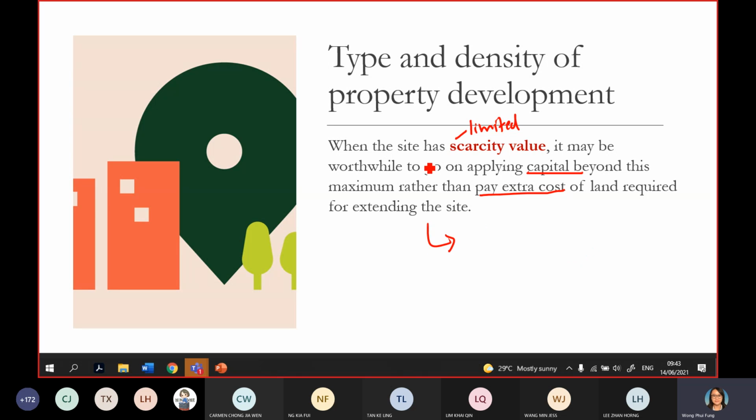In summary, for you to understand this statement, it means that if the land is very expensive, it will be better to build vertically rather than horizontally. Because if you choose to build horizontally, you need to get more land, and the land is very expensive. So that's why most developers will choose to build vertically, to build higher, so that they can sell more units.